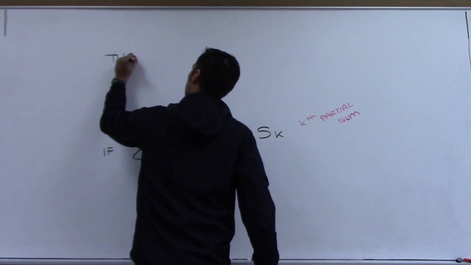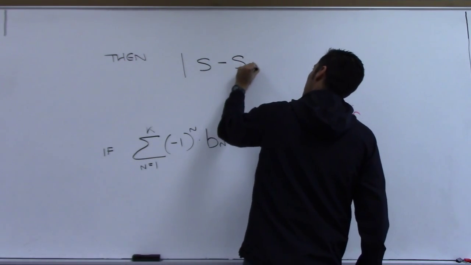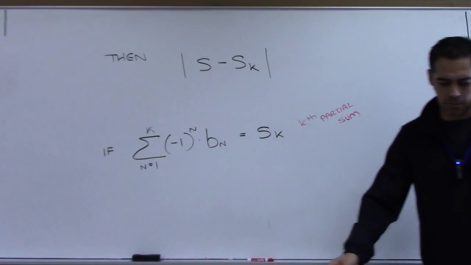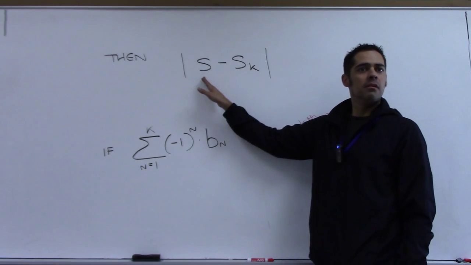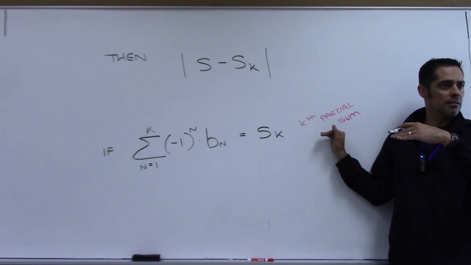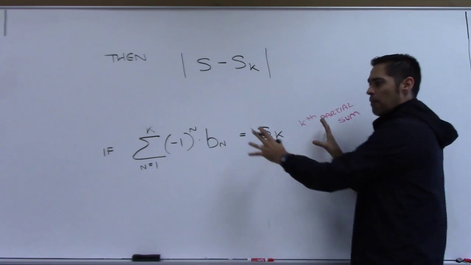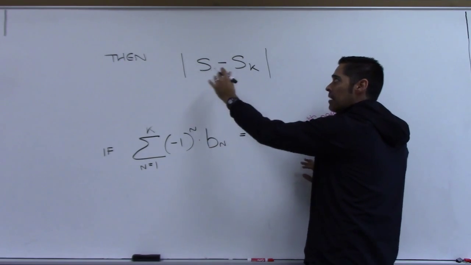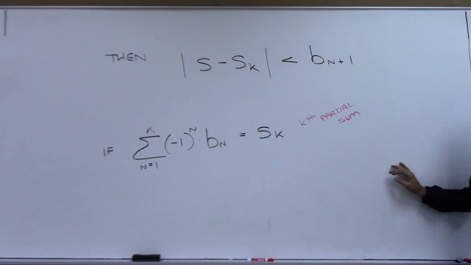Then the absolute value of S minus S sub k, which is the true sum minus our approximation, which is stopping somewhere, right? That difference, the difference between our partial sum answer and the true answer, must be less than b sub k plus 1.